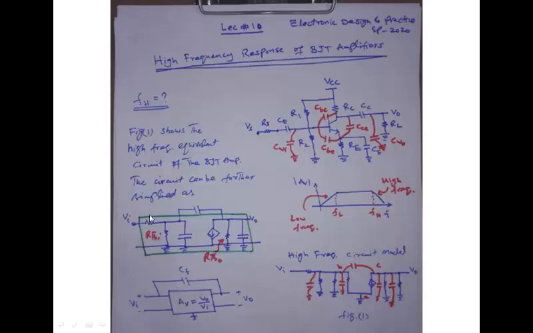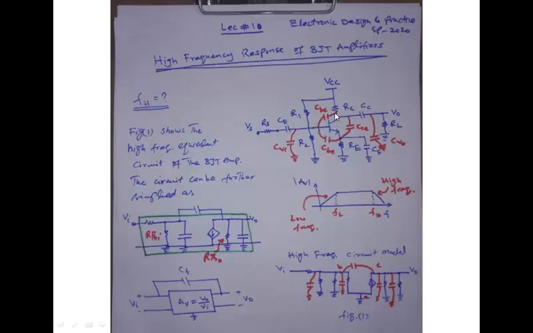You can see this whole circuit is basically represented by this block which has two ports. One is the input port and the other is the output port, and this capacitance, this is a CF capacitance, which is also called the feedback capacitance, which couples the input and the output port, just like the scenario here, in which this capacitance, which is CBC, base to collector capacitance, couples the base and collector.